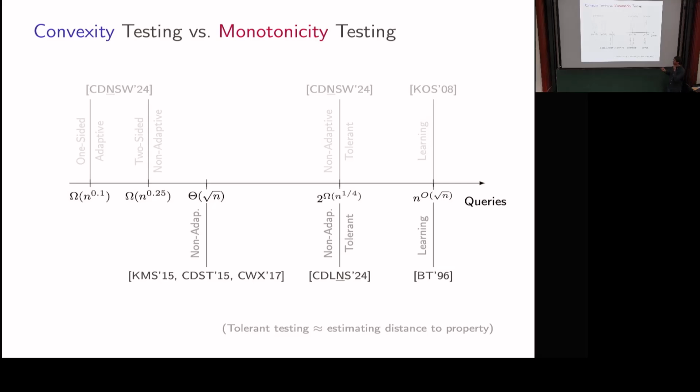So for monotonicity, we know that theta root n samples are necessary and sufficient, for non-adaptive at least, to test monotonicity. And so it's kind of embarrassing that for the convexity testing problem, there's a big gap between a polynomial lower bound and an essentially exponential upper bound, but for monotonicity, we've pinned this down exactly.